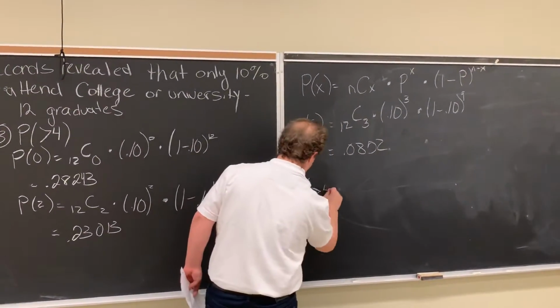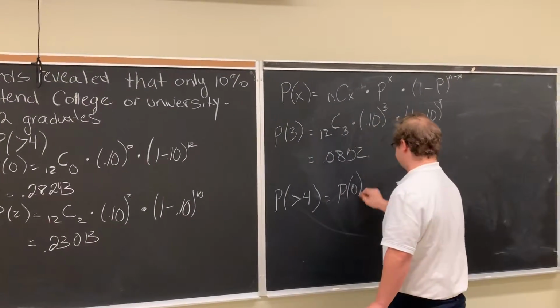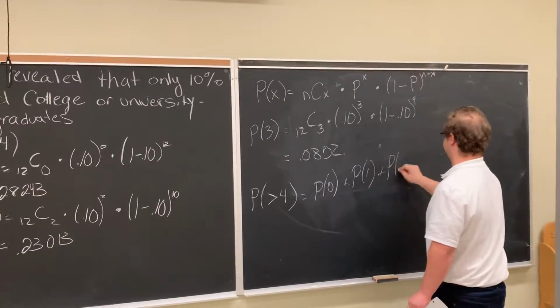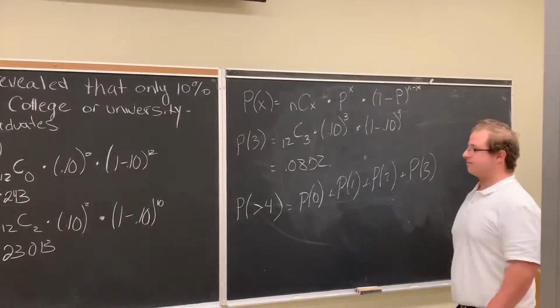So now that we have all of our probabilities laid out, the probability that it'll be less than 4 equals the probability of 0 plus the probability of 1 plus the probability of 2 plus the probability of 3.